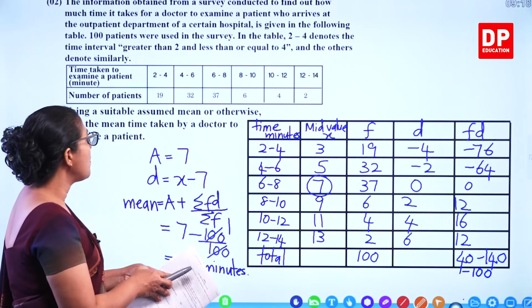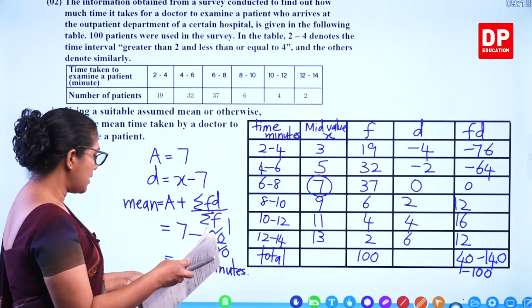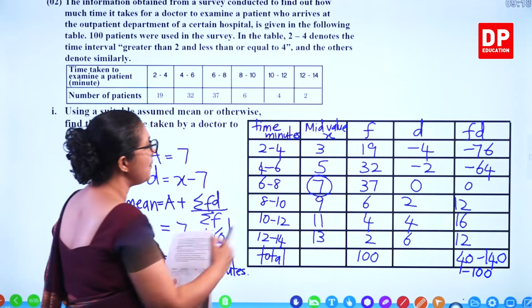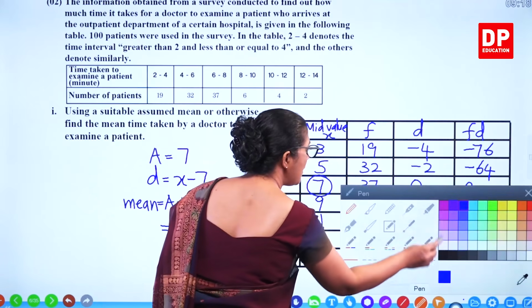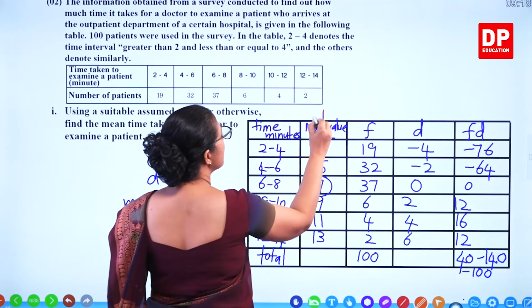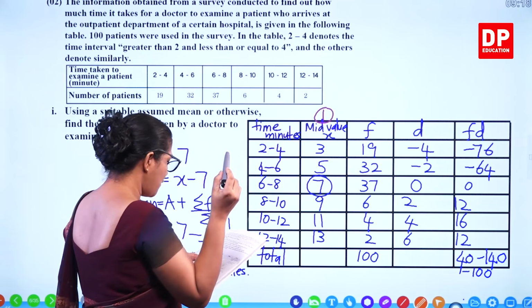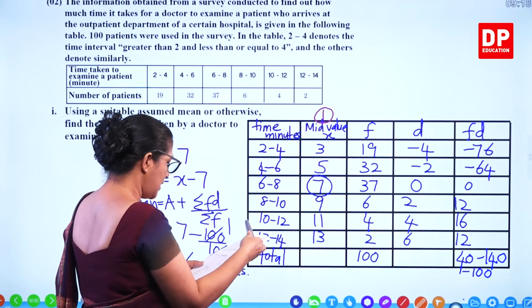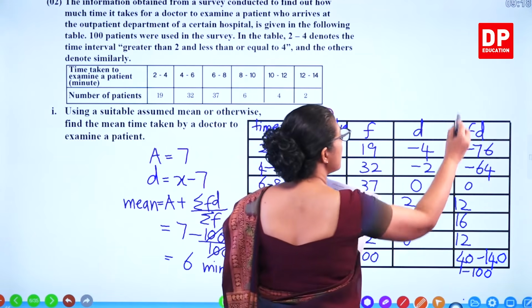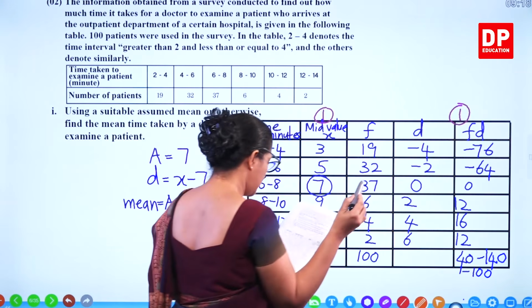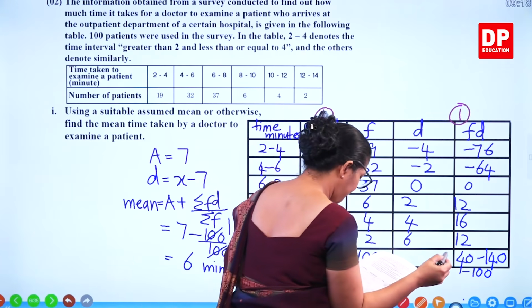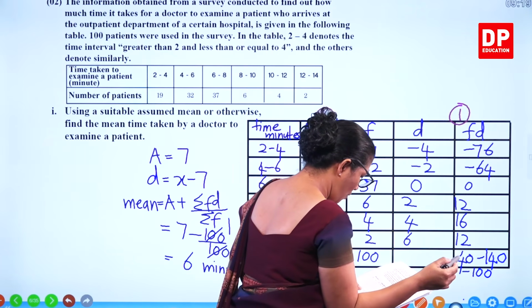According to the marking scheme, you get marks for each column, like finding the mid value, 1 mark, and finding the FD column, 1 mark, and the total, you get 1 mark.